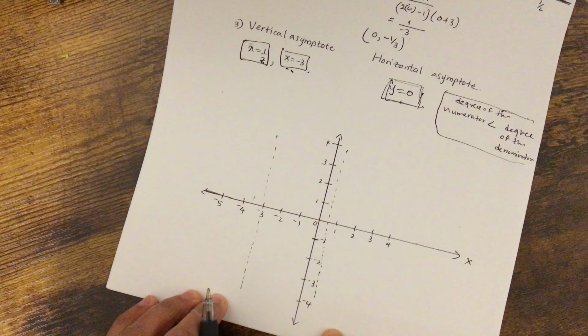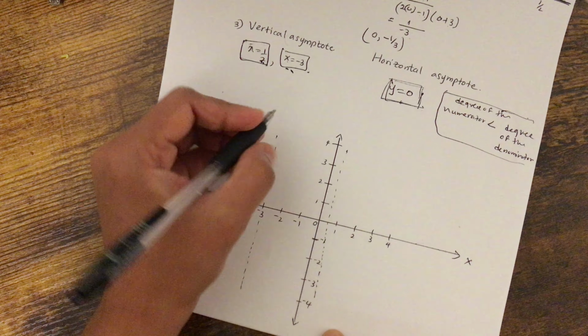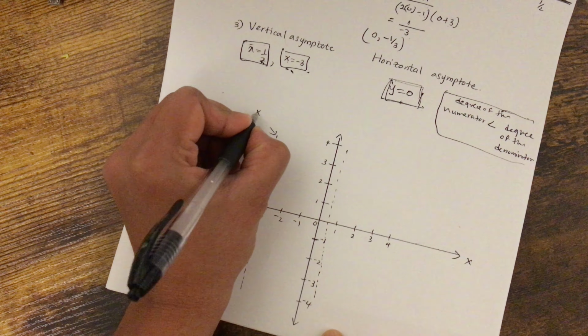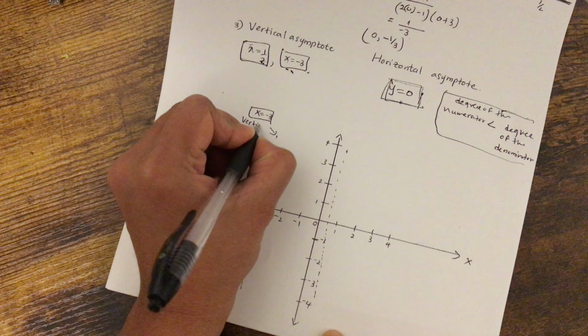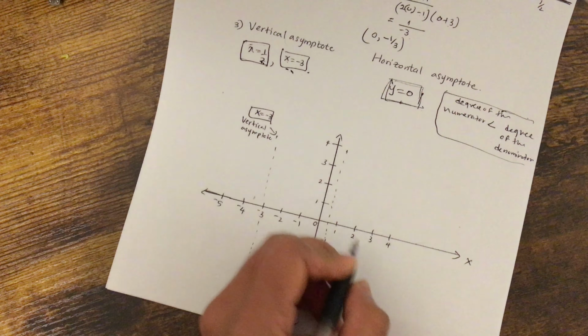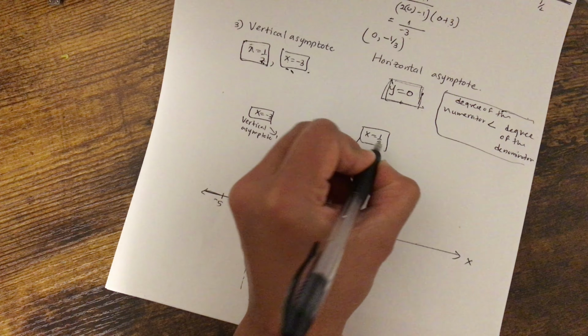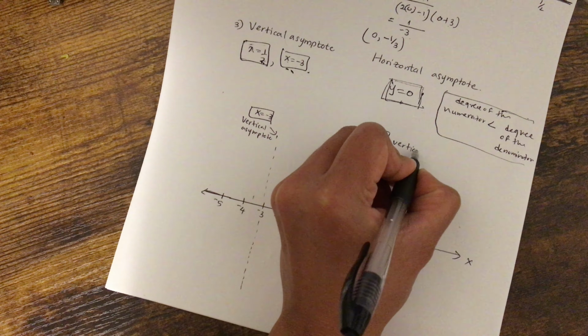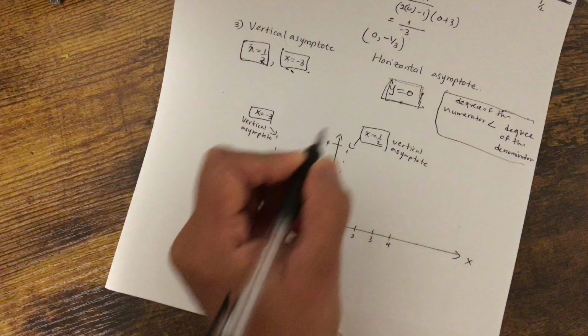And your horizontal asymptote is y equals 0, which is the x-axis. So this is your x equals negative 3 vertical asymptote, and this is your x equals half, another vertical asymptote, right?